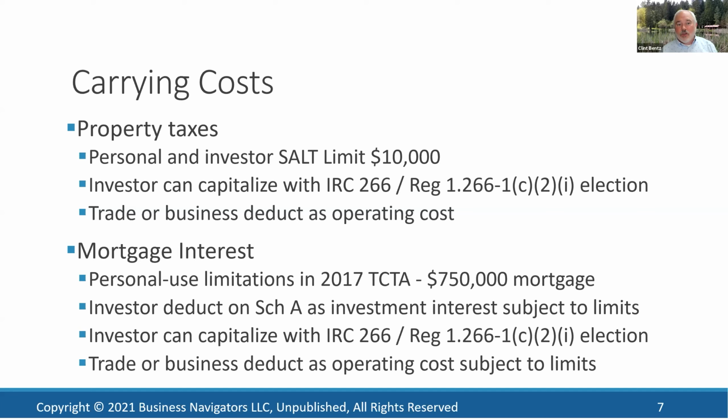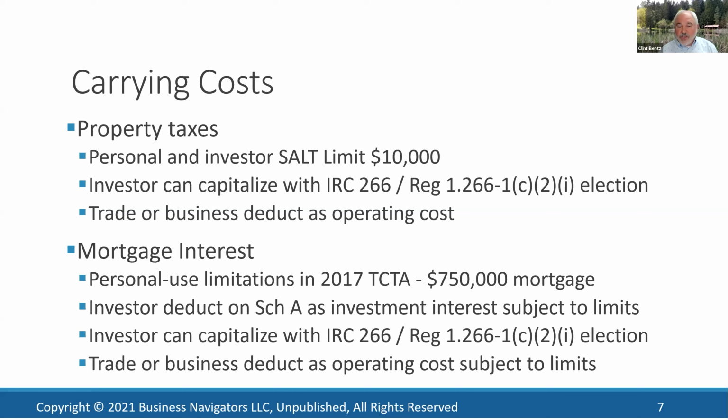And again, as a trade or business, you can also deduct the property taxes. So if you file a Schedule C, or if you're a business entity, a partnership or an S corporation or LLC, you would deduct the property taxes and the mortgage interest as operating costs.